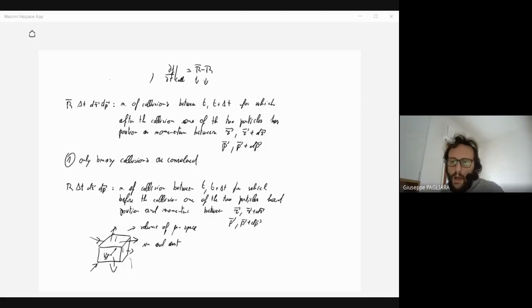So the R bar counts the number entering this volume, whereas R counts the number of particles which are going out of this volume due to the collisions. Now we need to compute, or at least to find, a formal expression for those particles, and this is what we will try to do.